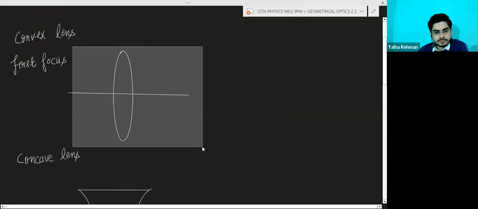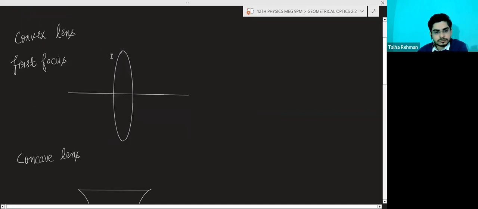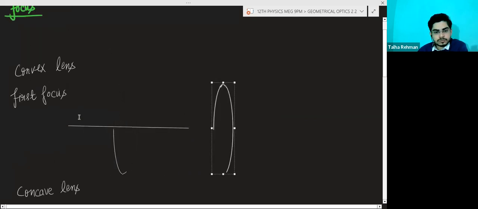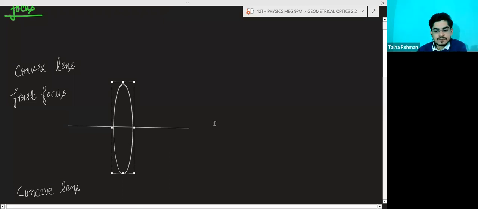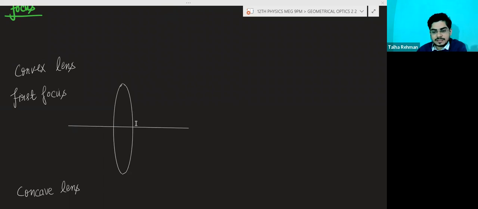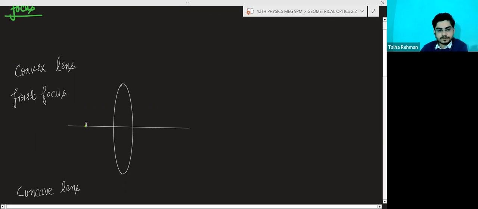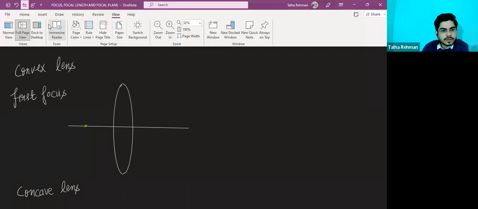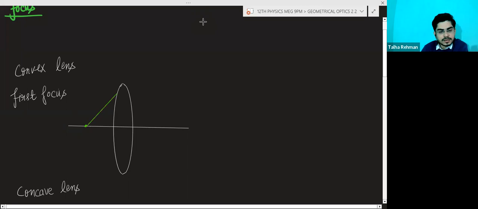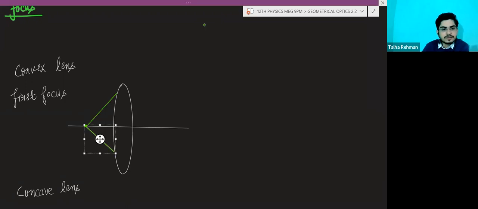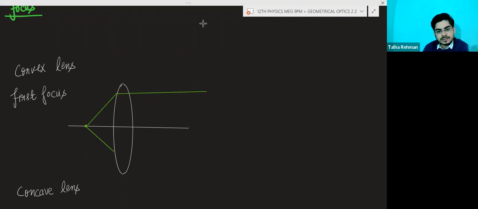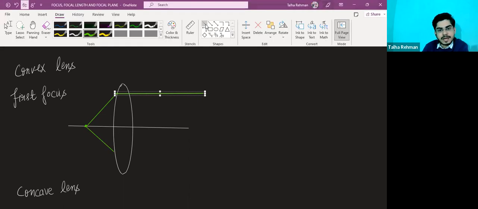Now see what is the first focus. This is the principal axis. This is a lens, a convex lens. For defining the first focus, suppose this is the object placed here, and from this object the rays of light are like this, and after refraction from this lens they become parallel.